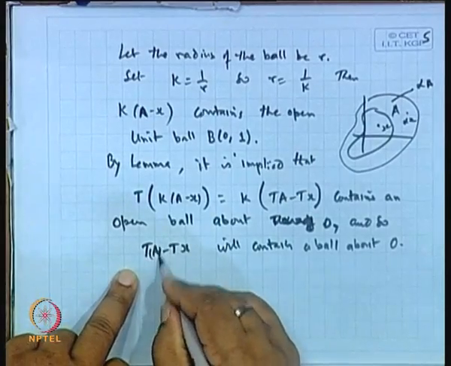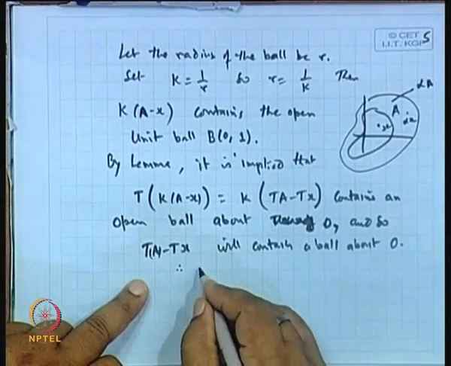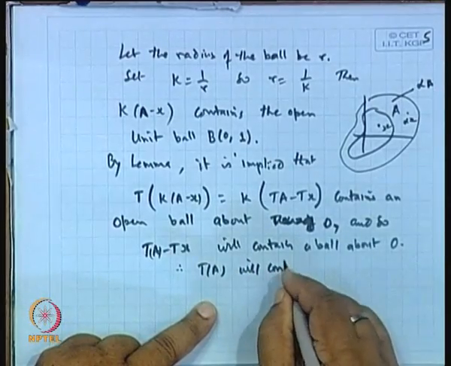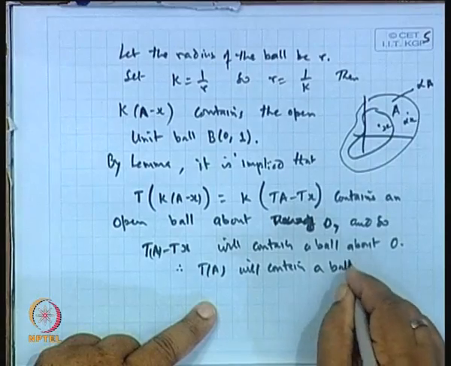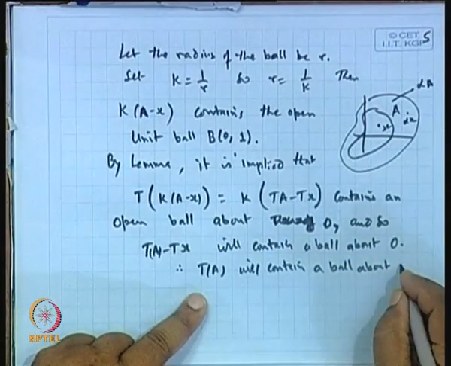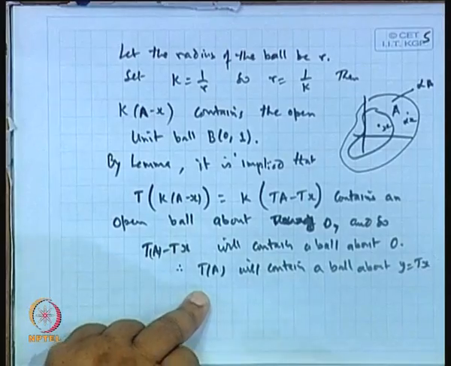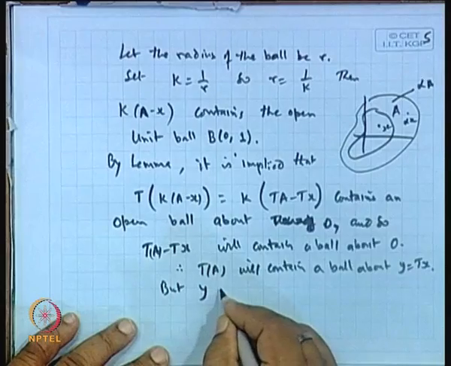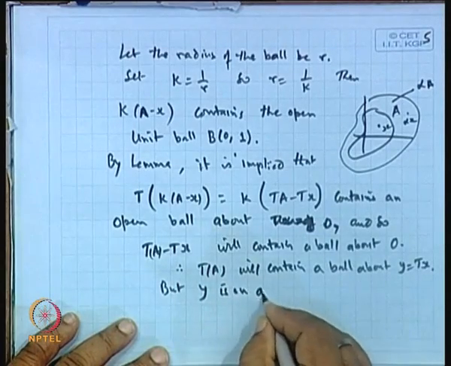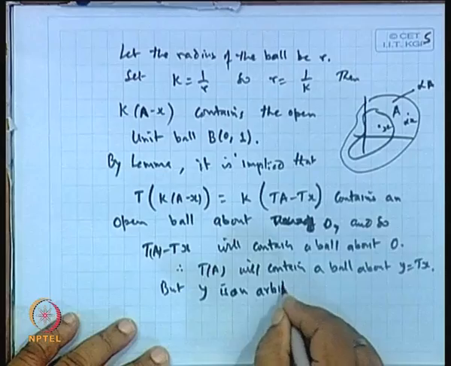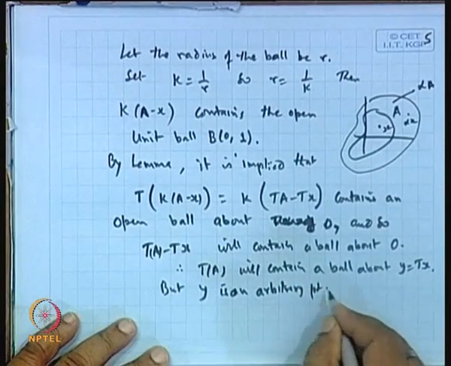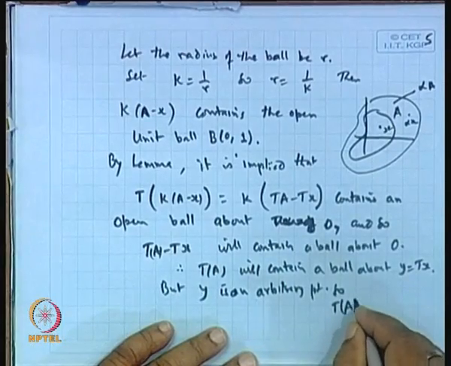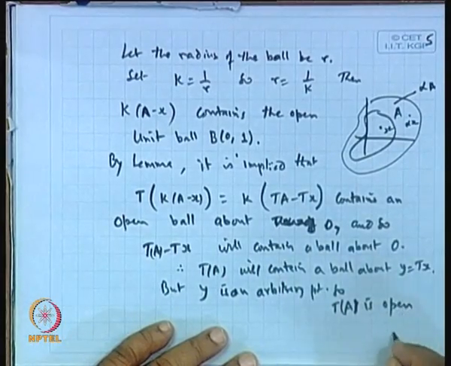Therefore, T A will contain a ball about the point T x, where y is equal to T x. But y is an arbitrary point, so T A will be open, and that proves the result.